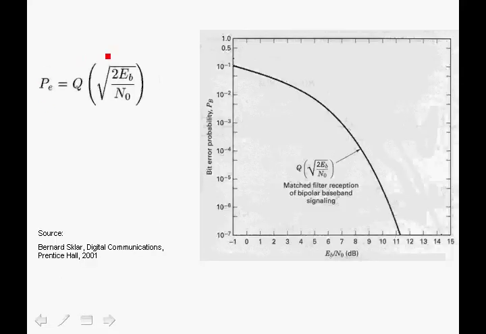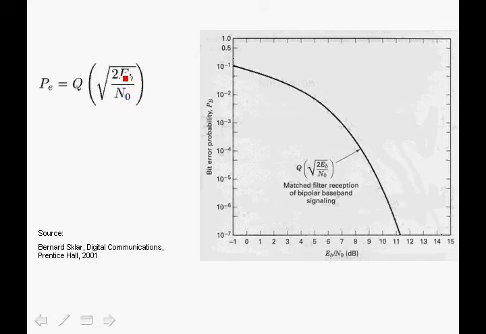Now I know that you've been patient and we worked through the math, and you might have to go back and forth between the diagrams in order to validate and check the results, but the final result is that the probability of error for a binary system in a digital communication link, in this case for a baseband binary digital communication link, we get that for additive white noise the probability of error is equal to the Q function with argument square root of 2Eb over n0.